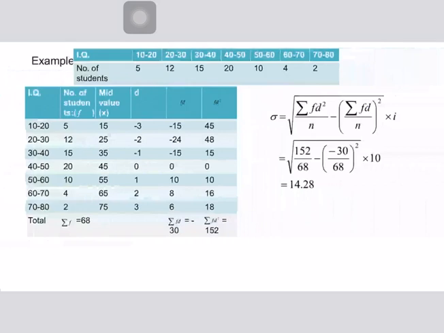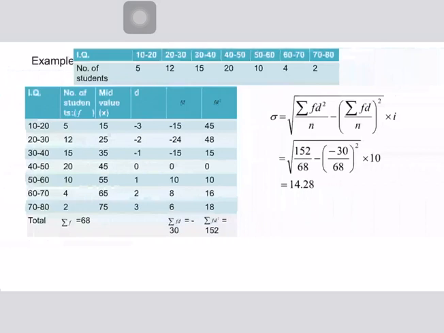From this mid value, calculate deviation, FD and FD square. We can find summation FD equal to -30, summation FD square equal to 152. By putting these values in the formula, we can find sigma equal to 14.28.